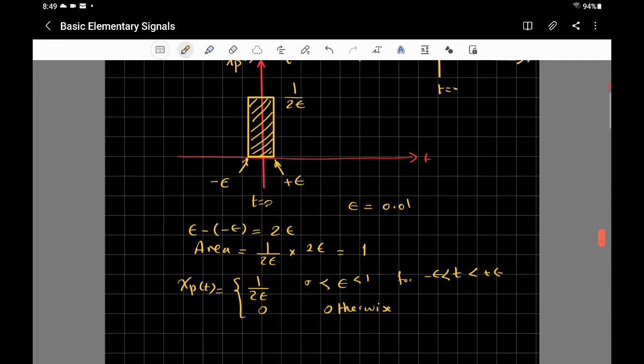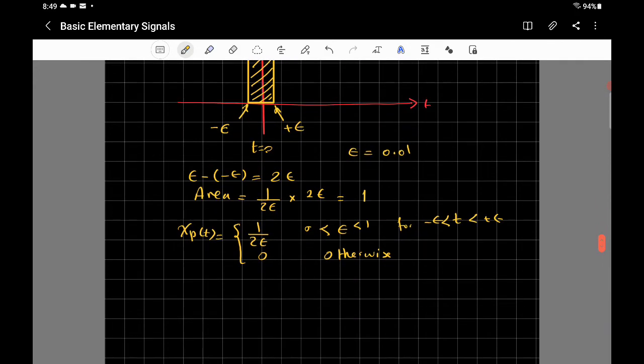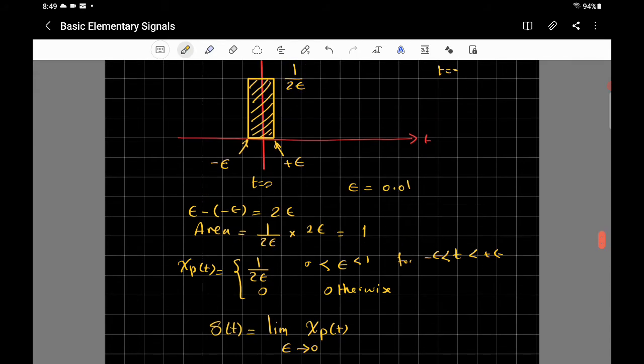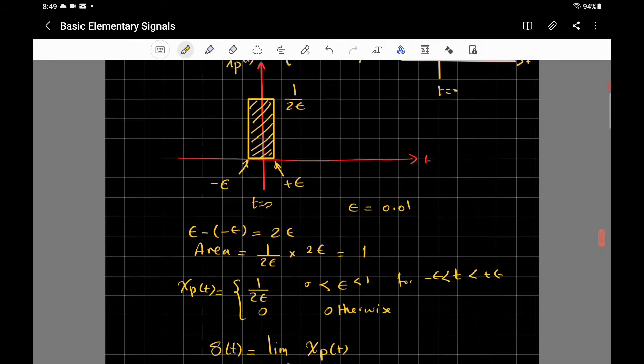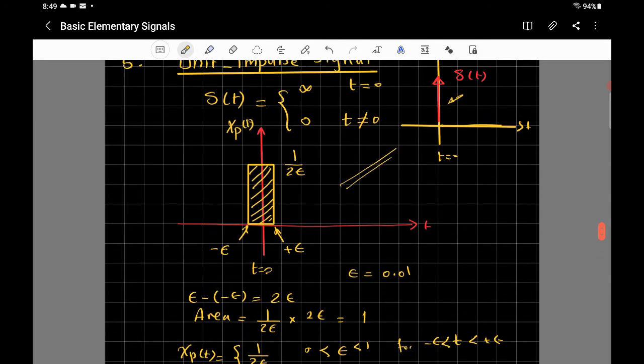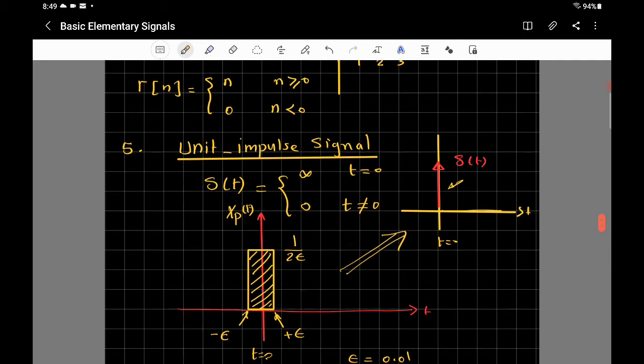This pulse, x p, you can get to delta by doing something very simple. You will say that delta of t is equal to this pulse when epsilon is getting closer to 0, when this gets very tight, then it will be the unit impulse. And why do we call it unit impulse?